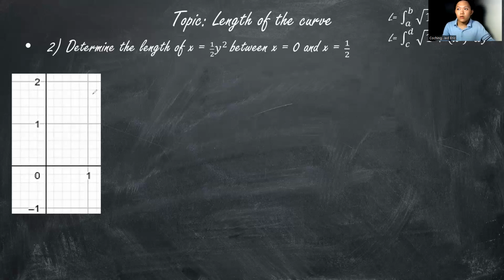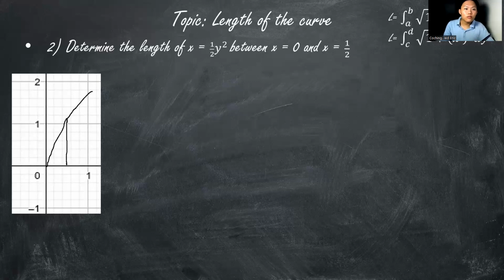So it's just going to look like this, where 1/2 is here. So from 0 to 1/2.